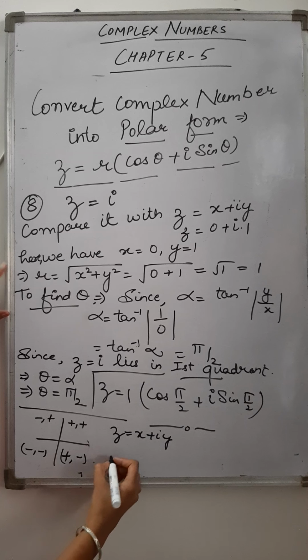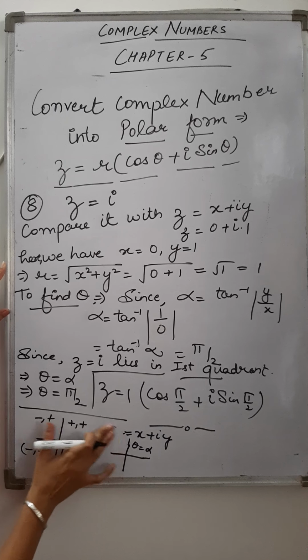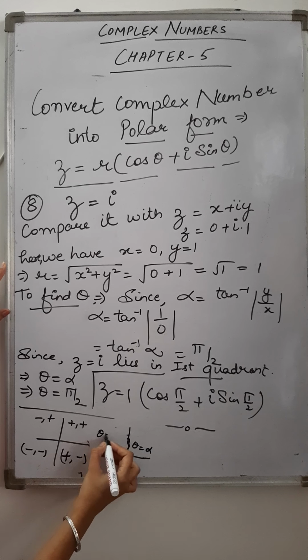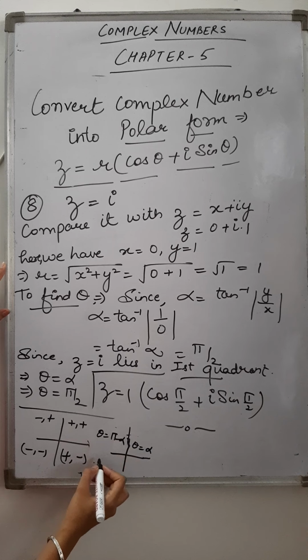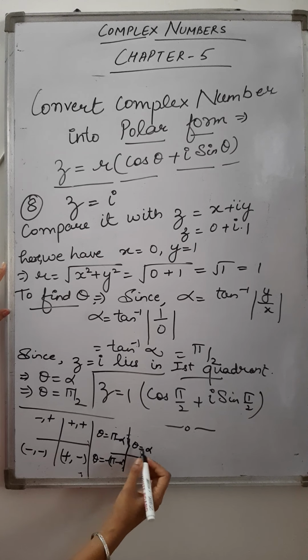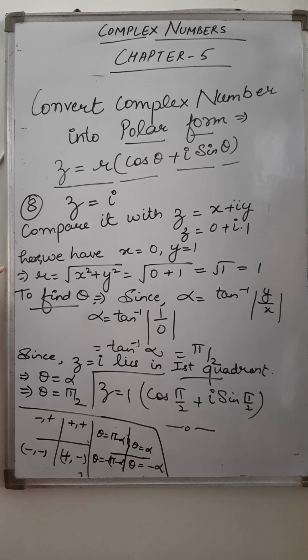Then the table is: if the complex number lies in the first quadrant, then theta is equal to alpha. If it lies in the second quadrant, then theta is equal to pi minus alpha. If it lies in the third quadrant, theta is equal to minus pi plus alpha, and if it lies in the fourth quadrant, theta is equal to minus alpha. That table you will have to remember.